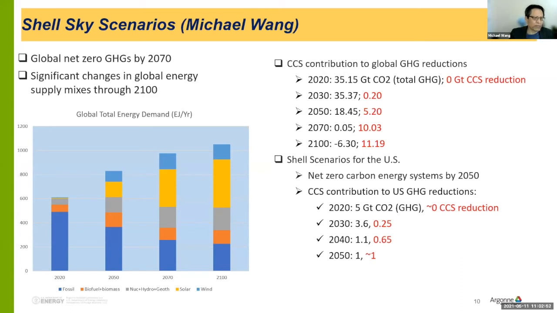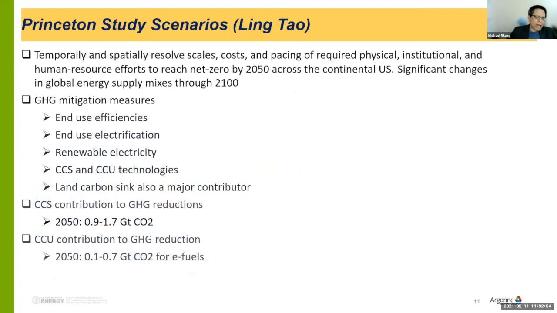And lastly, the Princeton study scenarios are for the US. Here, I'll quickly go through the mitigation measures, including end-use efficiency, end-use electrification, and of course, a large amount of renewable electricity. CCS and CCU technologies are included in the Princeton scenarios.